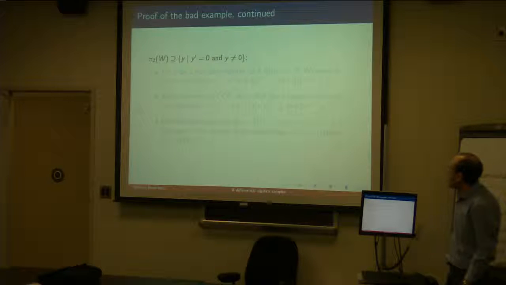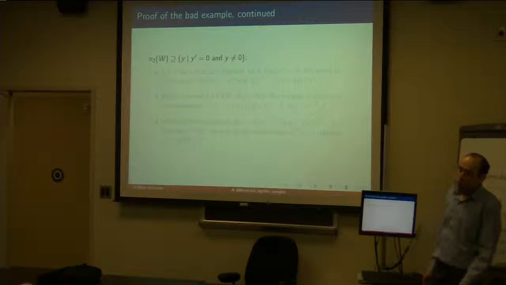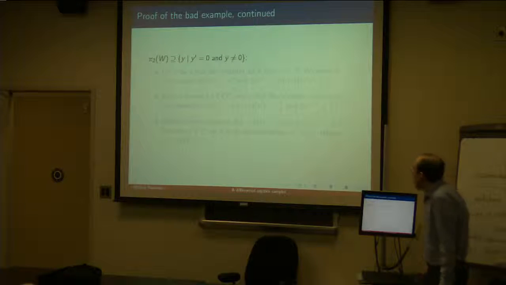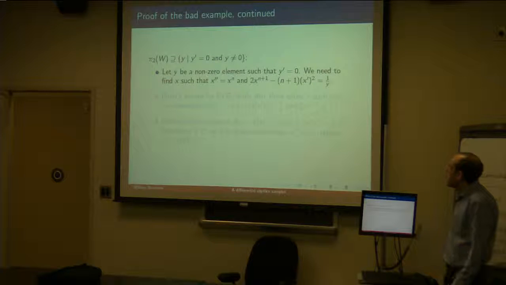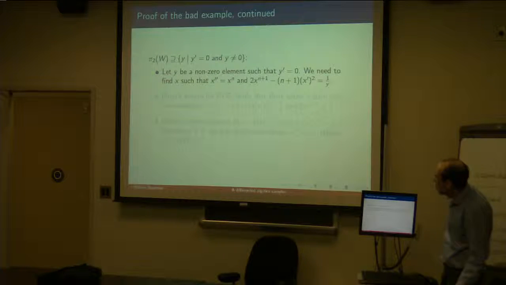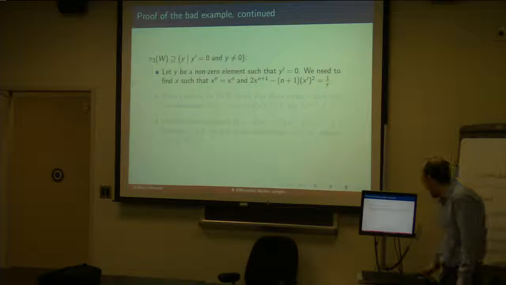For the other direction, here's where we're going to have to use the fact that we're working over a differentially closed field. Suppose that we have a non-zero constant, and we need to find an x satisfying the definition of our proposed non-complete variety, and then satisfying the second part.